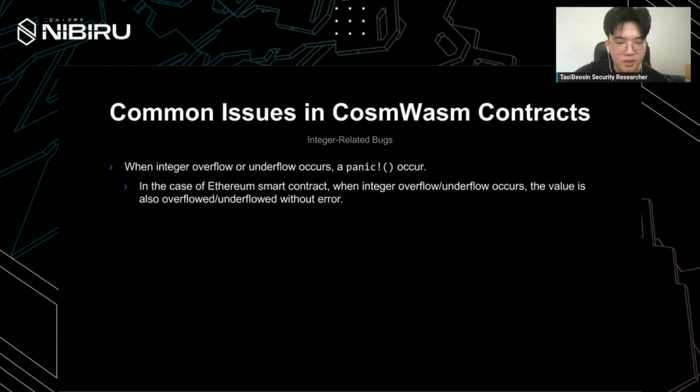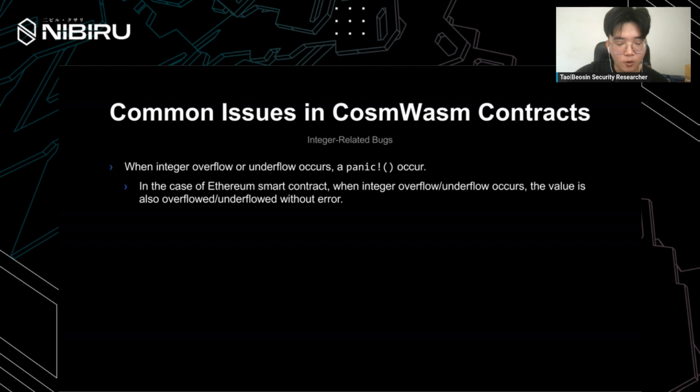When we develop an Ethereum smart contract and an integer overflows or underflows, the value will be overflowed or underflowed without error. So developers may not realize the overflow or underflow issues.